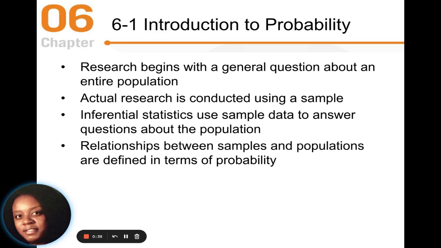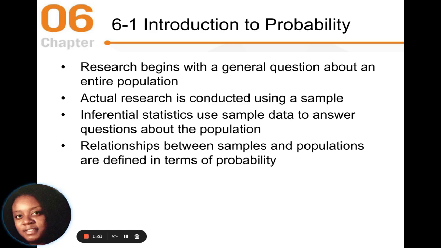Whenever we have inferential statistics, those inferential statistics use sample data to answer questions about the population. So our sample of participants helps us make generalizations about the population as a whole.